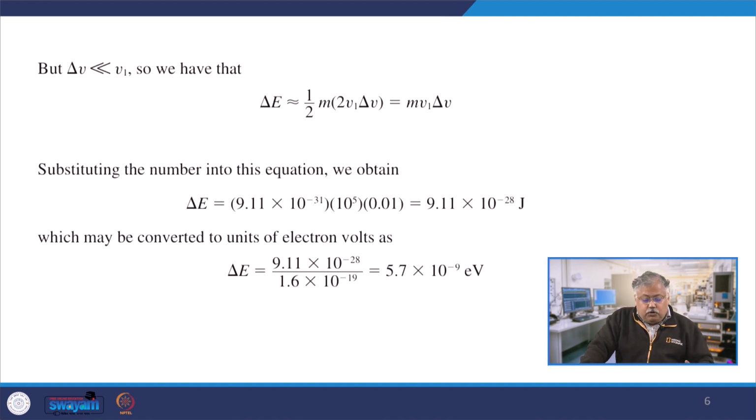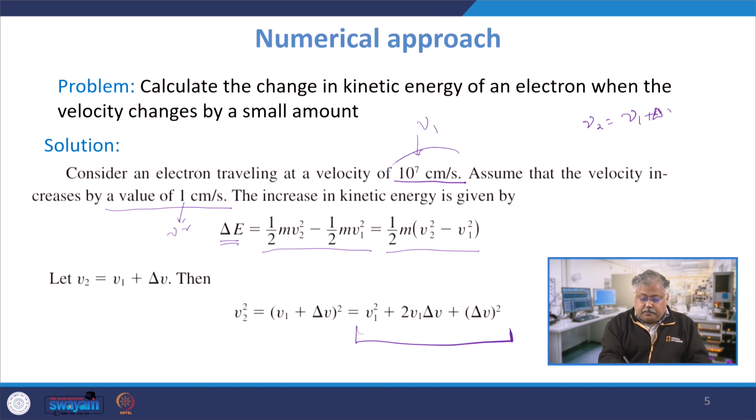So we already know that delta v is very small. Delta v is just 1 centimeter per second, whereas if you go back to the previous slide, v1 is 10 to the power 7 centimeter per second. So you can understand that delta v is very small as compared to v1. So immediately I can remove the delta v square part, right?